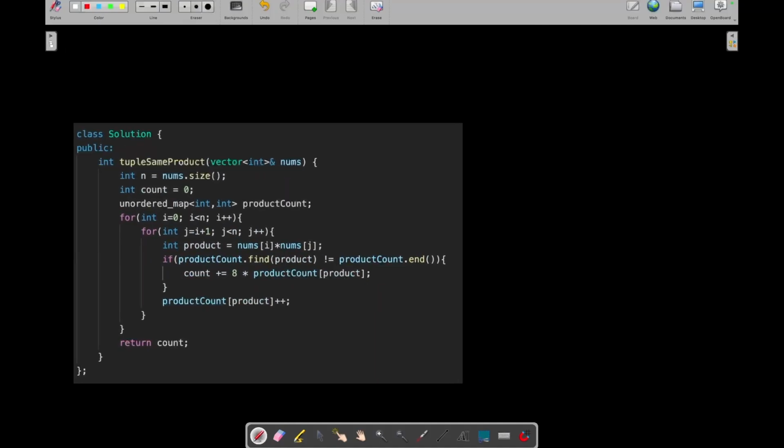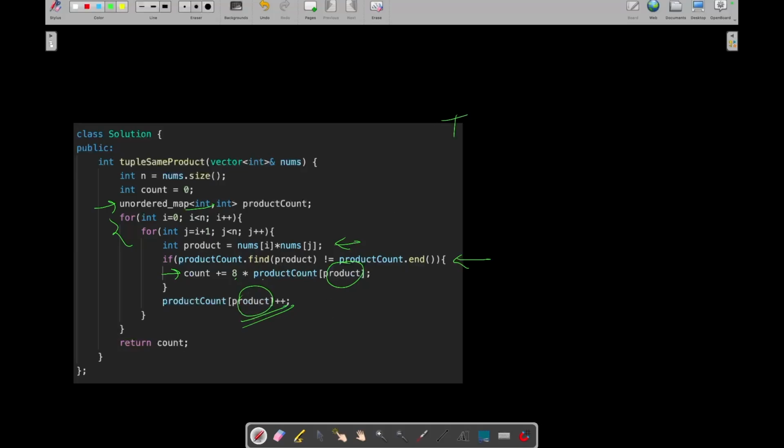Okay, so let's see its code now. What we have done here is that we have created a product count unordered map, and we have started iterating in our for loop and taking the product of those two numbers. And if that product exists in our map, then we will simply increment our count by 8 into the product count and again update our map with that product.